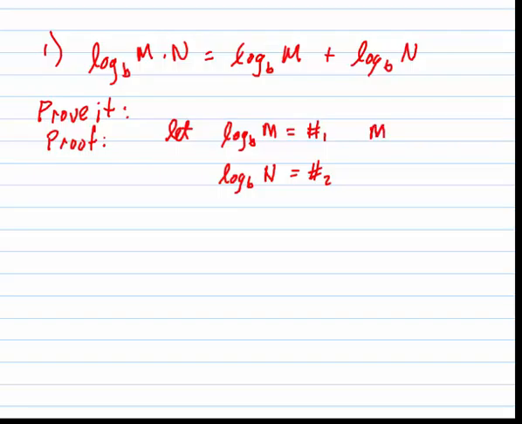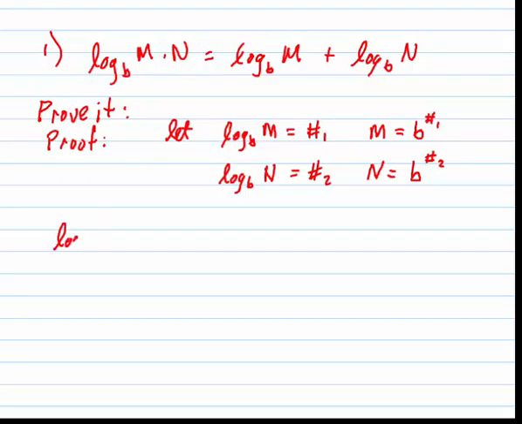That means we're taking the b exponent out of m and getting number 1, so m was equal to b to the number 1, right? That's what a logarithm is. We extract the b exponent from the number, so m is equal to b to that number. Likewise, if the log base b of n is equal to some number 2, that meant n was equal to b to that number. Okay, so let's take a look at log base b of m times n.